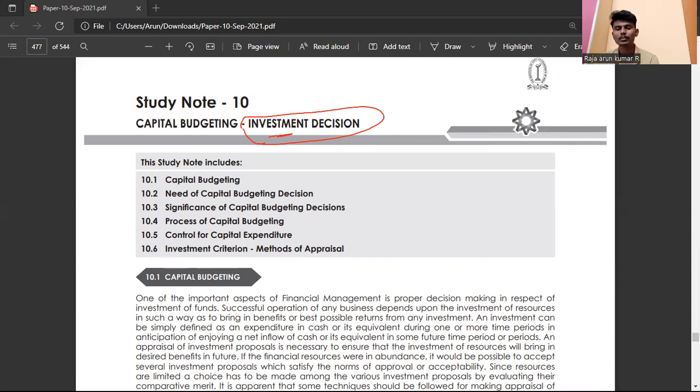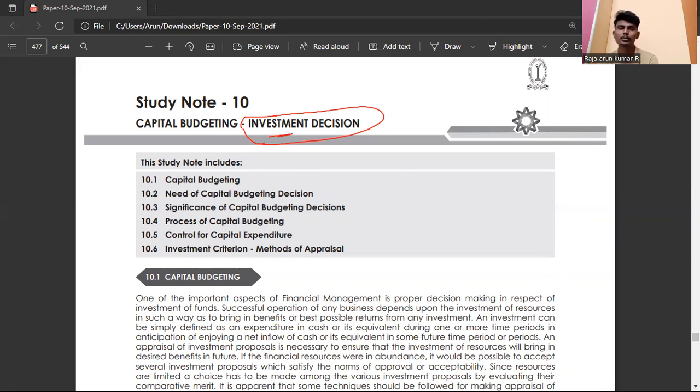Before we go into this study note 10, I will tell something about capital budgeting. This capital budgeting means, if you are a financial manager, or a CEO or CFO of a company, you must do the capital budgeting.